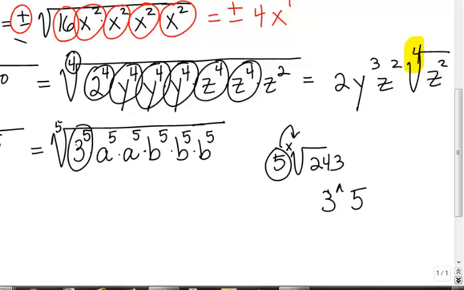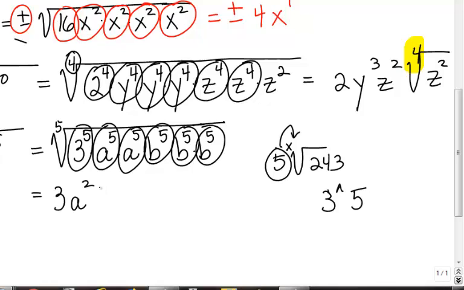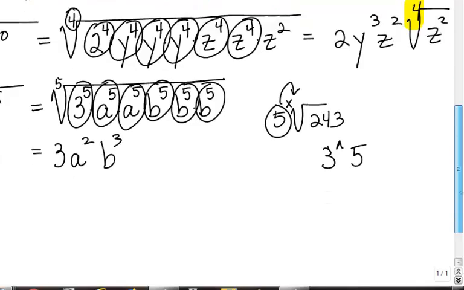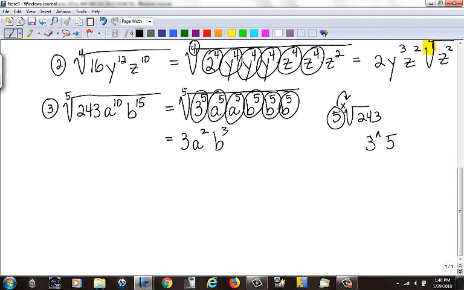So out of this I can take out 3, a to the second, and b to the third. Starting to get the idea? I really think that writing it this long way will help, and when you get ready, you may want to use the shortcut.